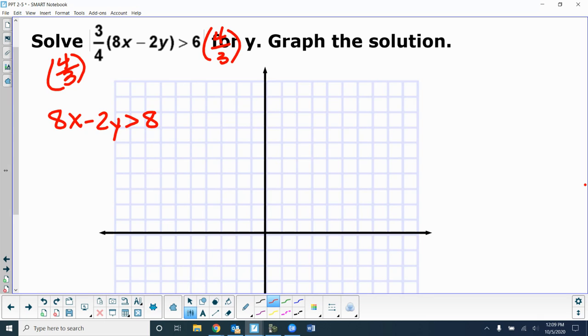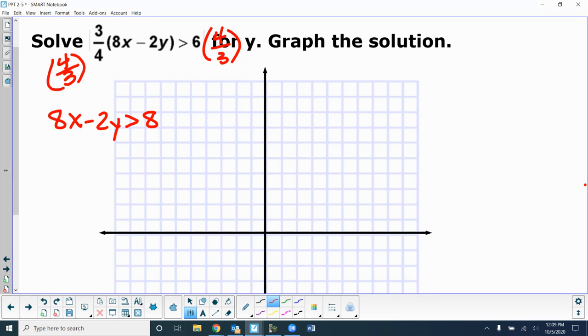Does that make sense what I did there? A lot of times we get right into the distributive mode to solve stuff, but sometimes it's easier to take that number that we were going to distribute to the other side and then see what we can do. Okay, so that's just another way to solve this inequality.